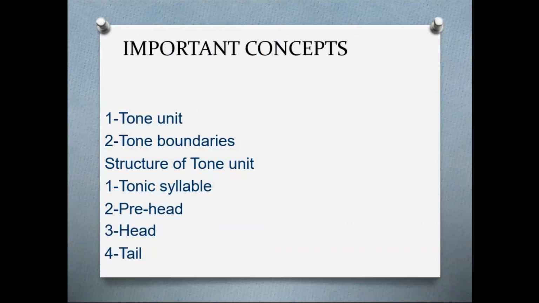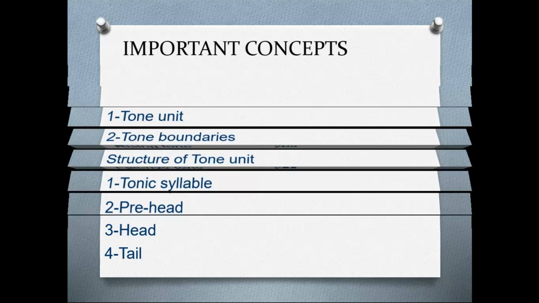In our previous lessons, we talked about some important concepts about intonation. We talked about tone unit and also how to identify tone unit and tone unit boundaries. Then we talked about structure, different elements of tone unit like tonic syllable, prehead, head and tail.